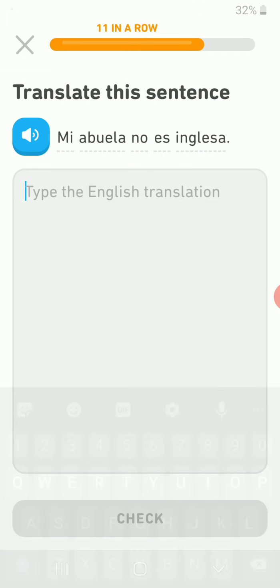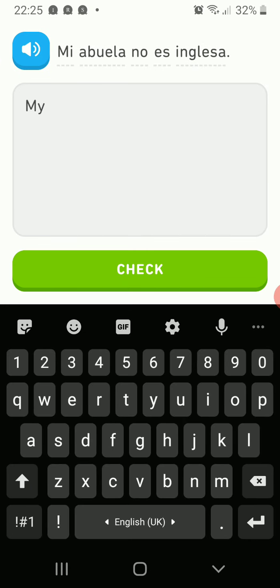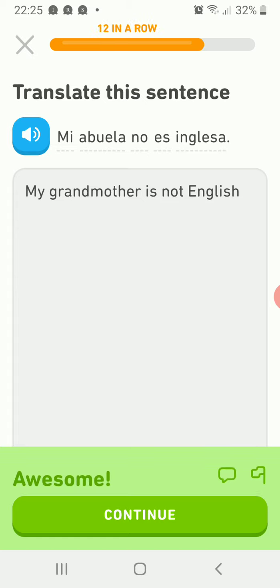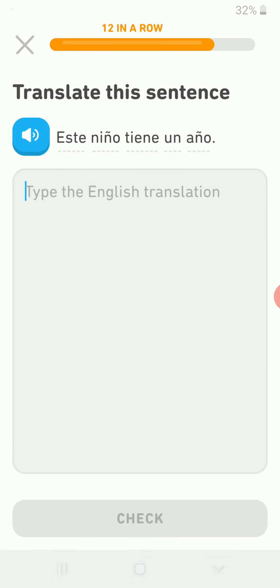Mi abuela no es inglesa. So my grandmother is not English. Good. Este niño tiene un año.